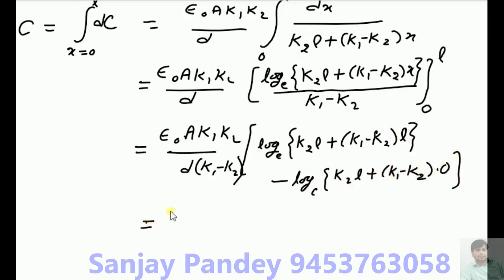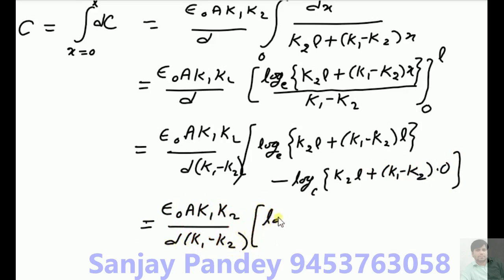So it will be equal to epsilon naught A k1 k2 upon d into (k1 minus k2), in bracket log base e k2l and k2l get cancelled, so here is k1l only, minus log k2l base e.